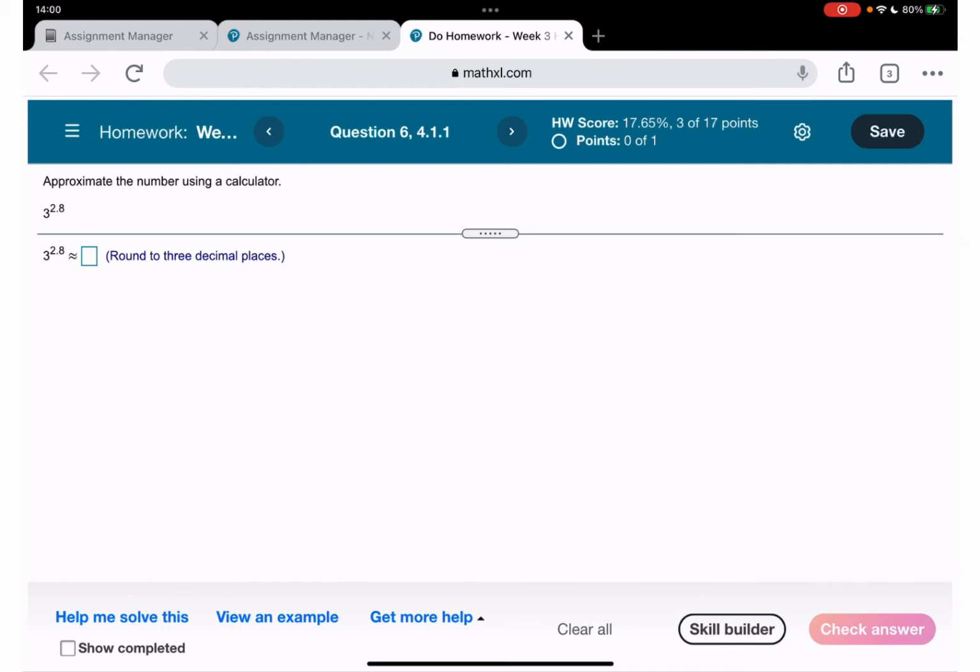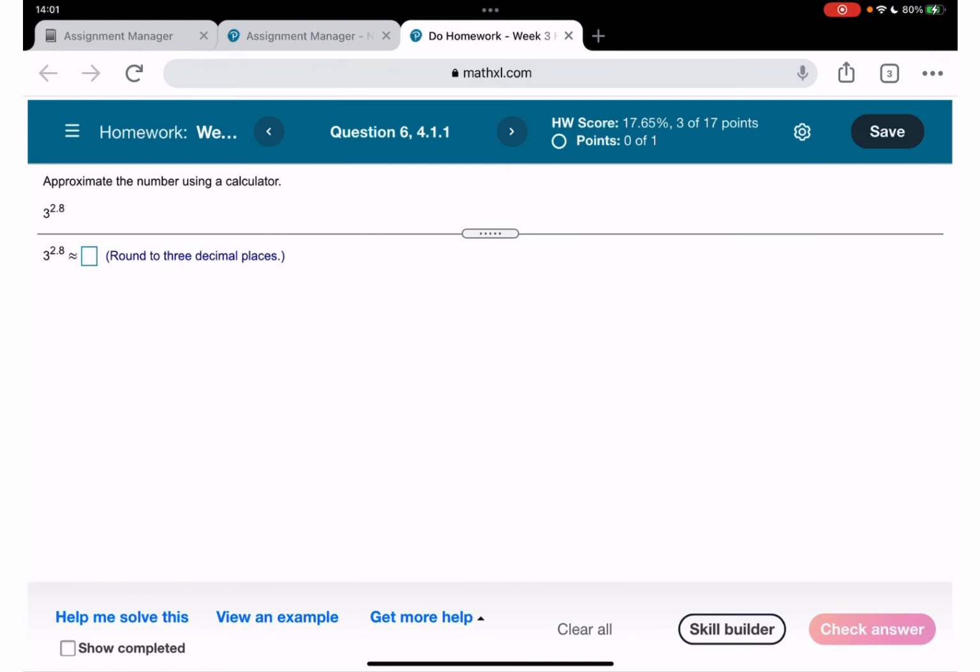Okay, approximate the number using a calculator. So all we have to do, we have to take a calculator. Let me see. I need to take my scientific calculator. Okay. So what do we have? 3 to the power 2.8.